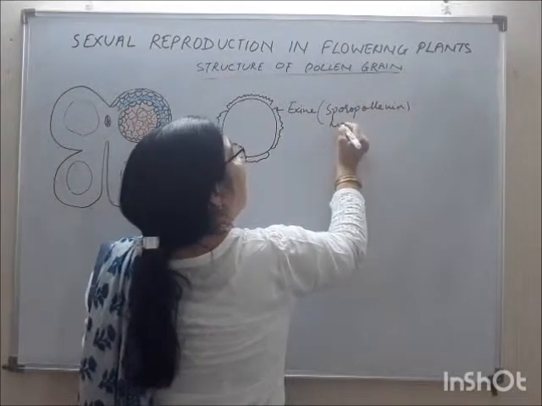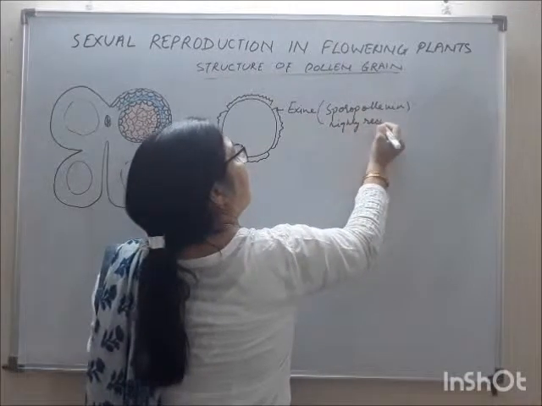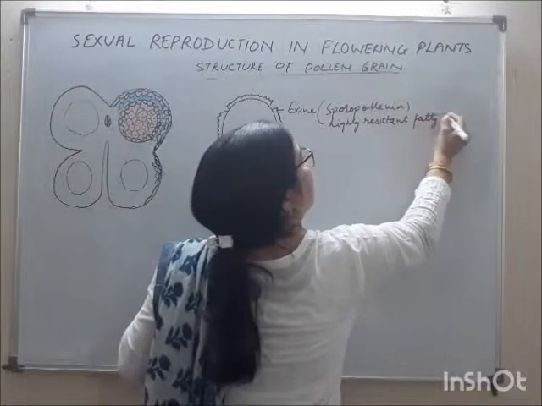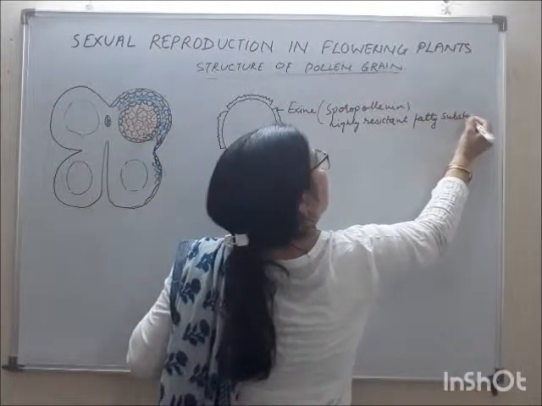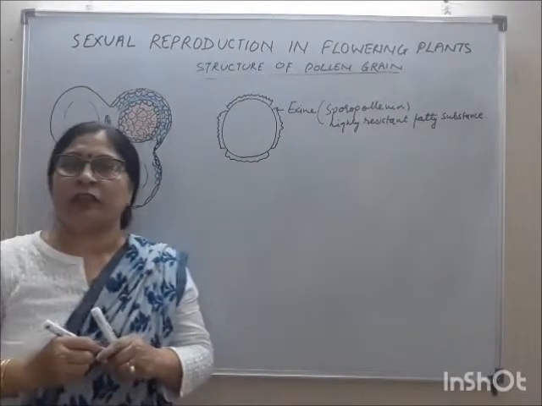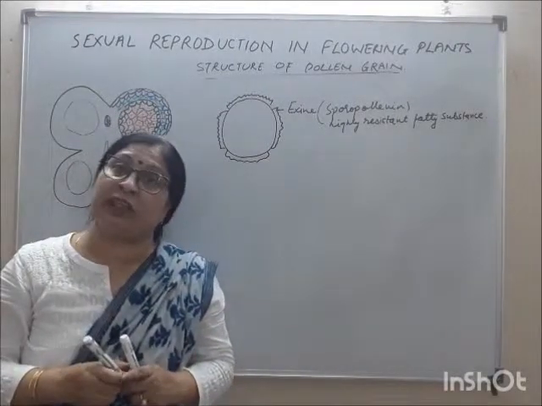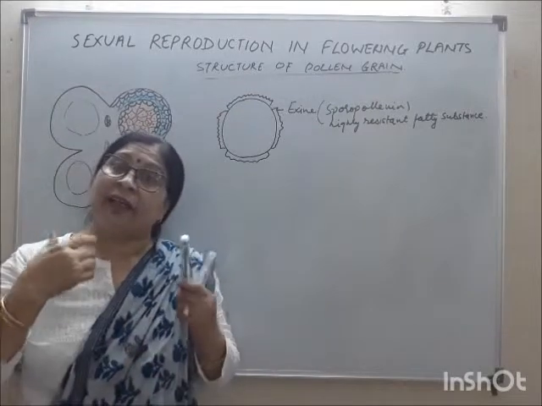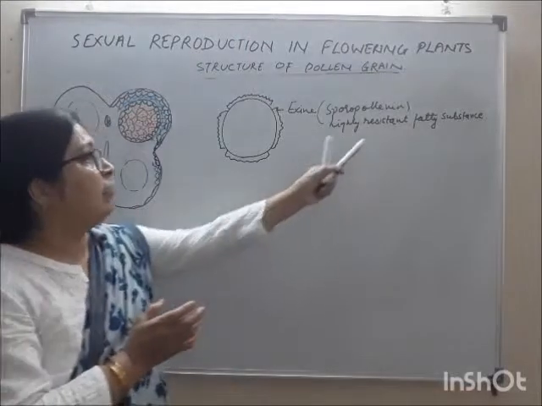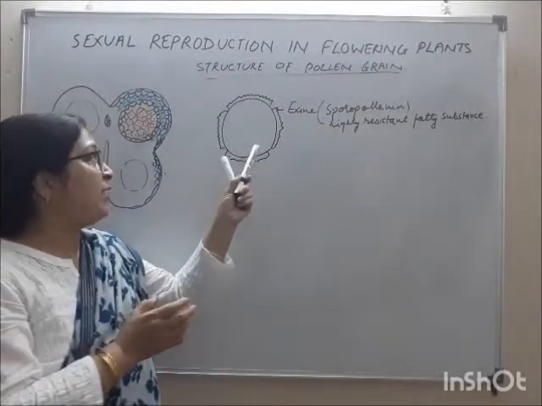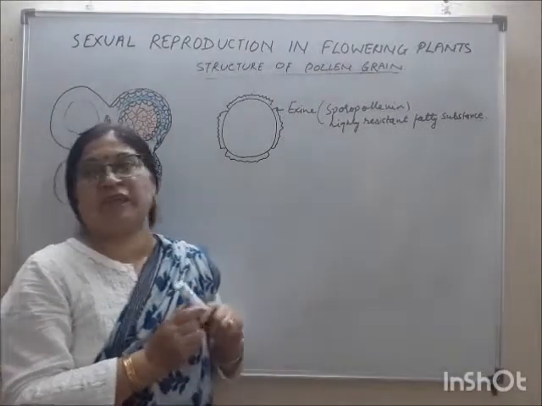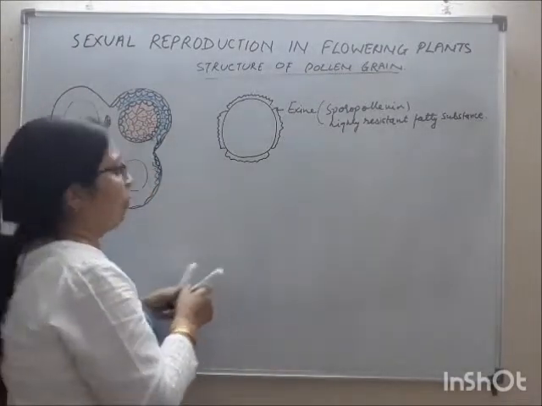It does not get affected by high temperature, even strong acids, and it is not degraded by any enzyme. So exine is a thick, tough layer composed of highly resistant fatty substance known as sporopollenin.